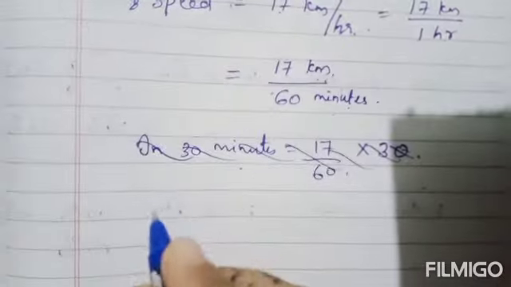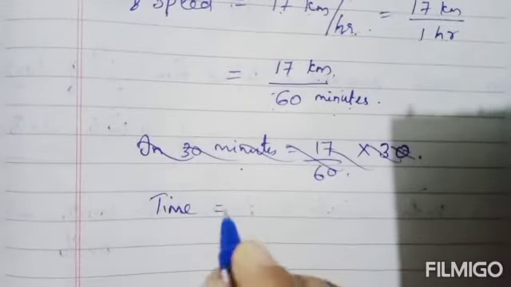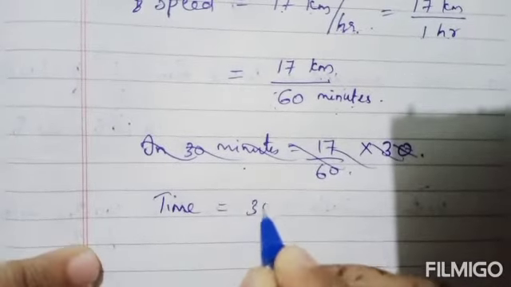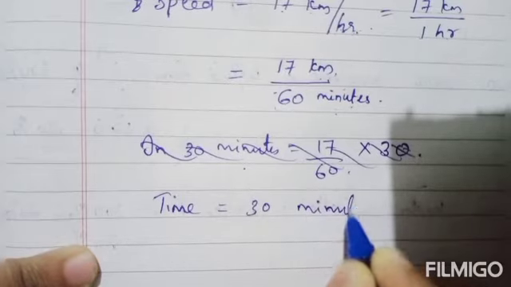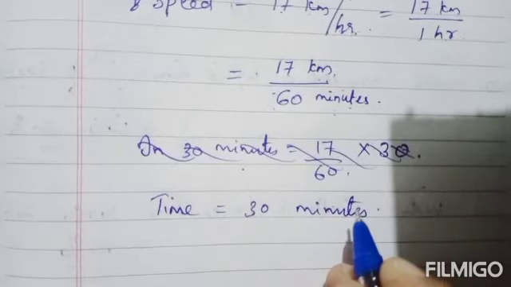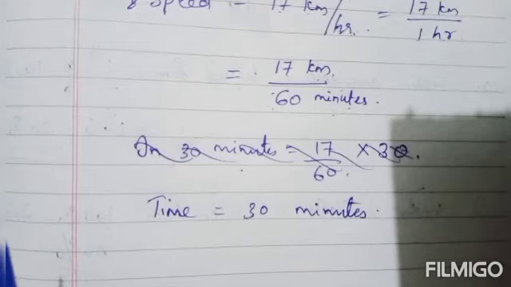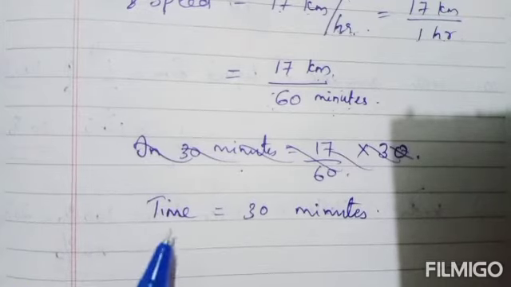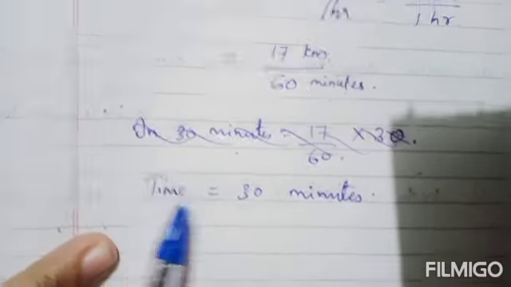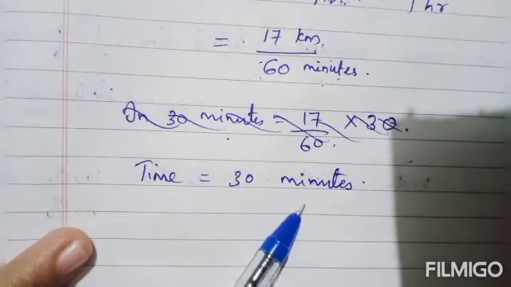Now time, you can take 30 minutes, because in the question it is given, in 30 minutes how far does the train go. That is the question. So time you can take as 30 minutes.